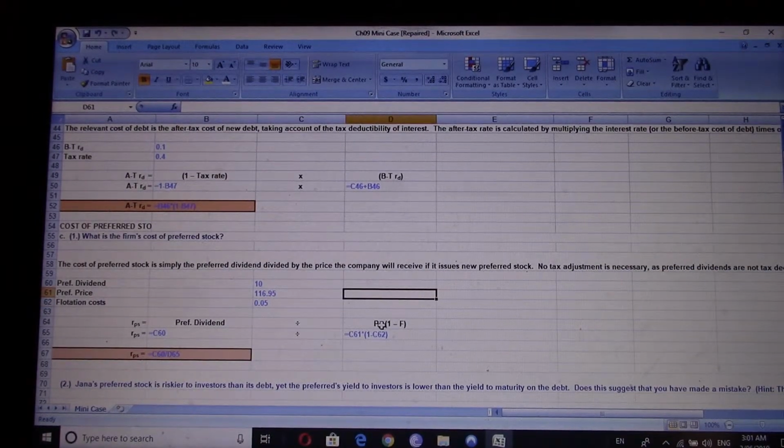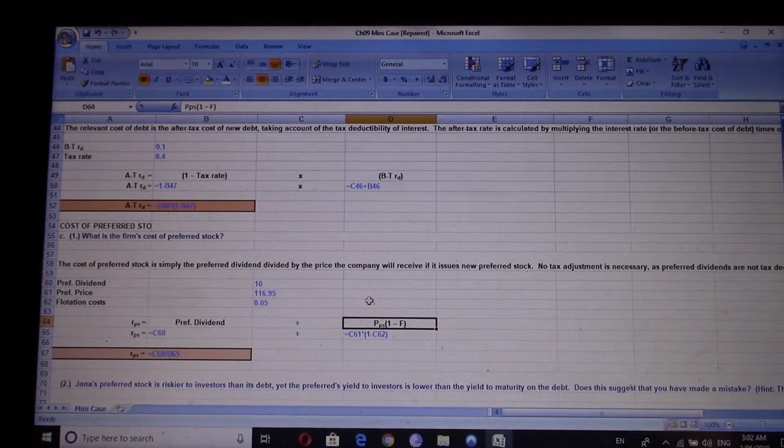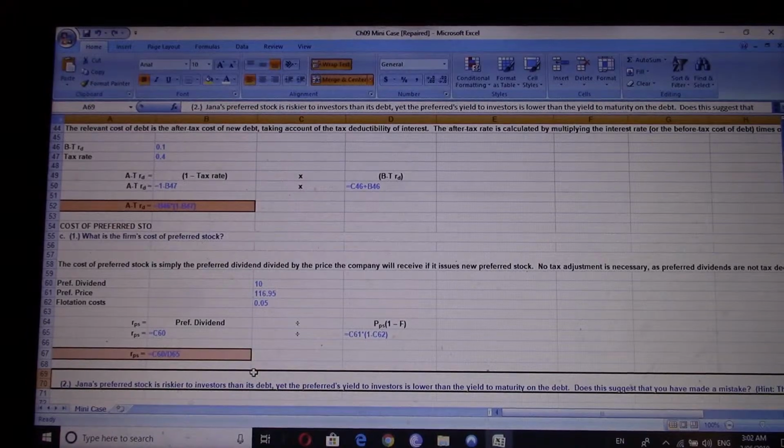So the equation needs you to subtract the flotation cost from the price. The flotation cost is 5% of the stock price, so you use the stock price multiplied by 1 minus the flotation rate of 5%. This gives you the after-flotation-cost price, and then you divide the dividend by this to get the cost of preferred stock.